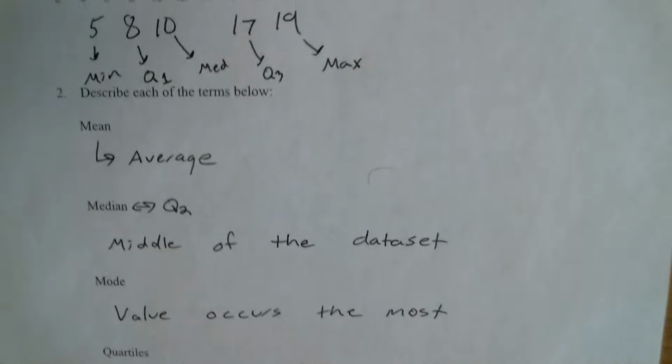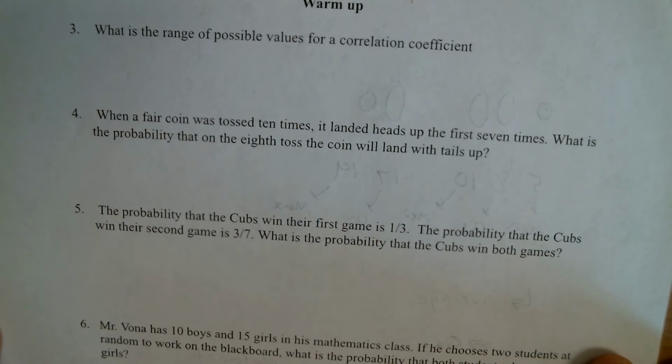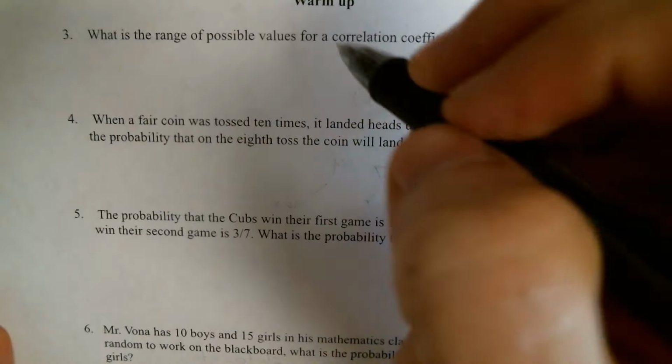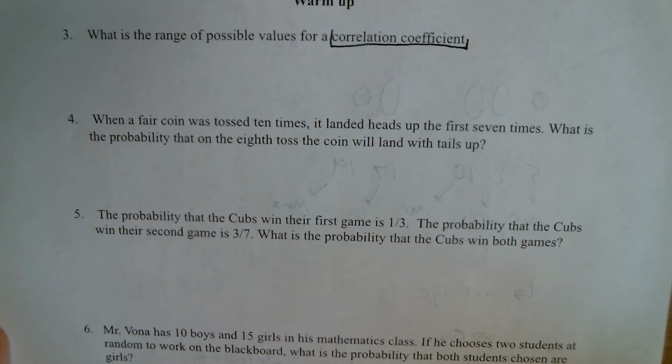All right, so if we flip this over to the back, what is the range of possible values for a correlation coefficient? So maybe you saw this, maybe you remembered what it was, maybe you didn't. Correlation coefficients are usually associated with those clouds of dots.